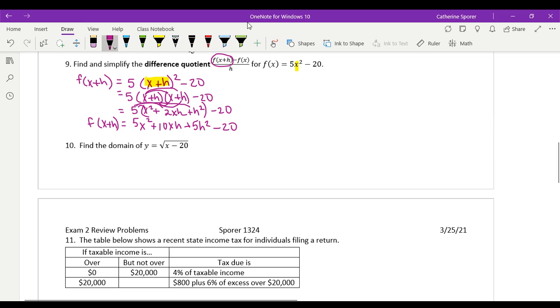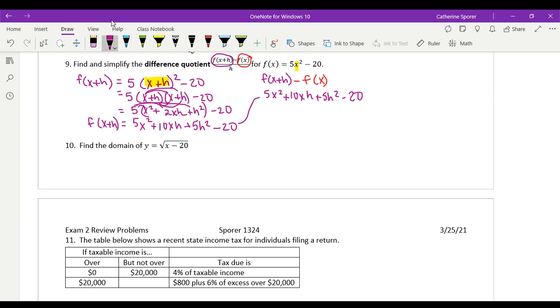Okay. And then from that, we're going to subtract f of x. So f of x plus h minus f of x would look like 5x squared plus 10xh plus 5h squared minus 20.